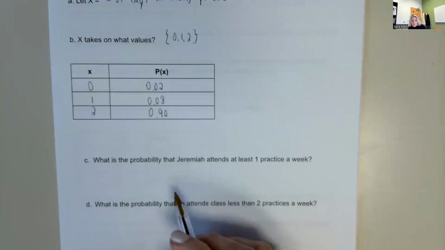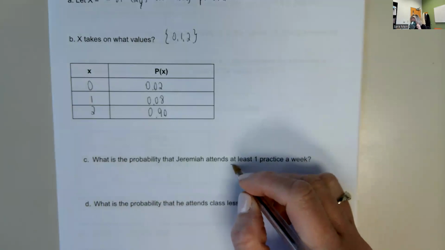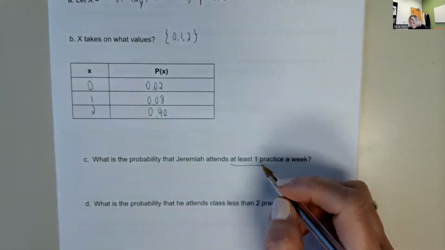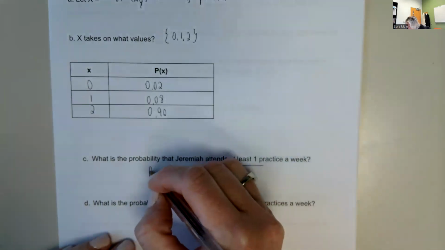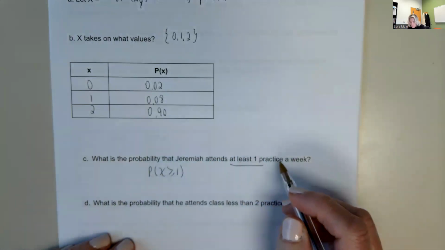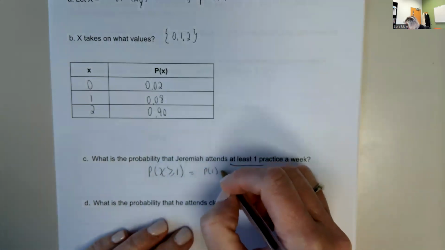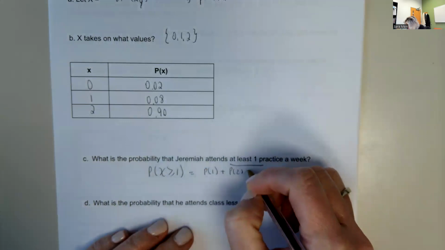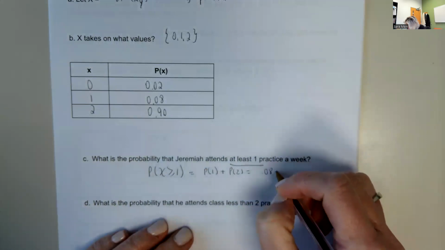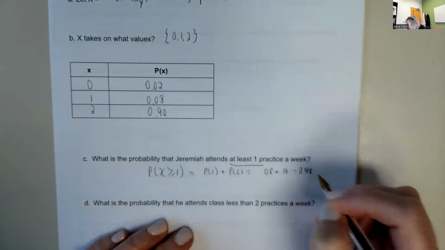So C says, what is the probability that Jeremiah attends at least one practice a week? At least one is a probability that x is greater than or equal to 1, so including 1 or more. So we could add the probability of 1 plus the probability of 2, which would be 0.98.